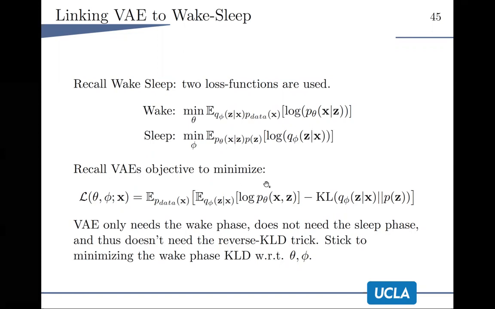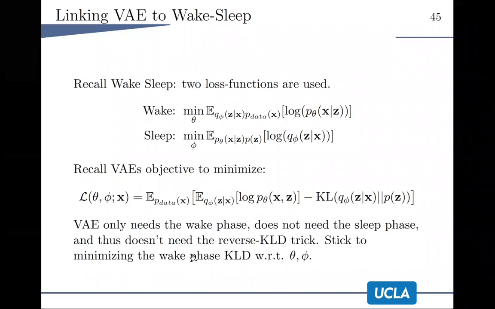The VAE only needs the wake phase. It does not really need the sleep phase, and it doesn't need the reverse KLD trick. It always sticks to minimizing the wake phase KLD, but with respect to both theta and phi.